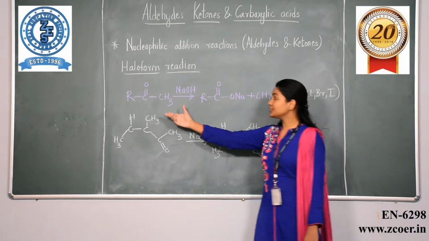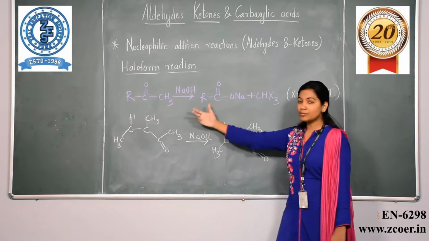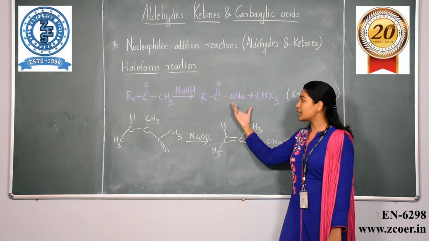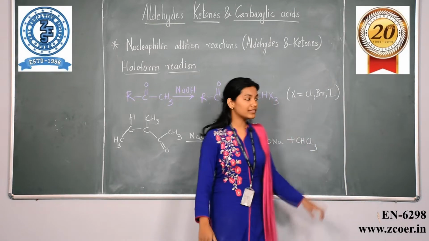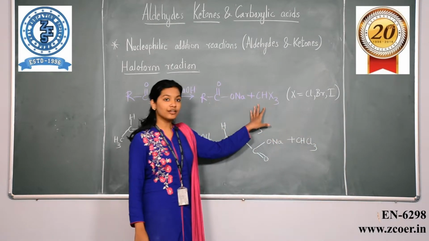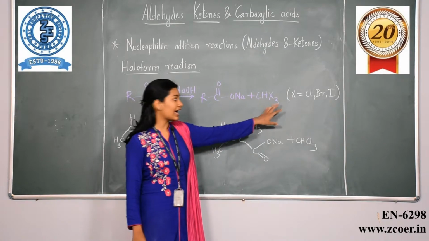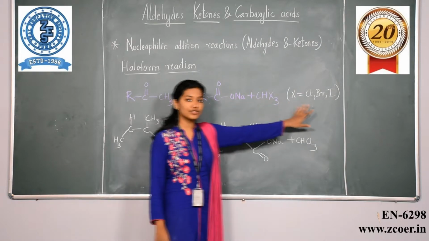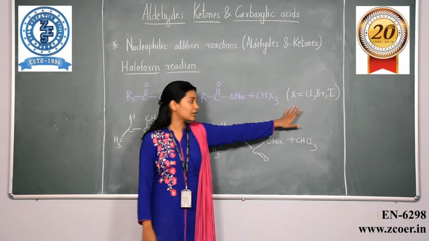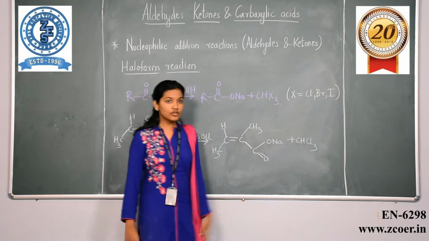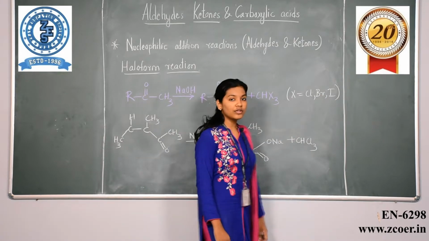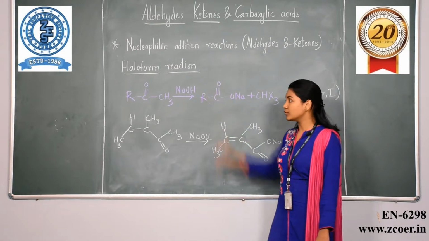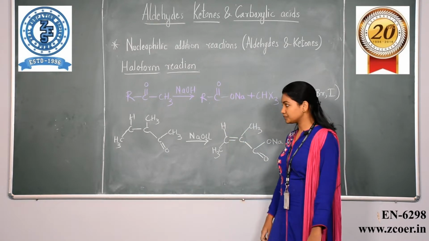When it is reacted with a sodium hypohalite, it gives the salt of a carboxylic acid along with a haloform, CH3X, as shown here. X stands for the halogens, which could be chlorine, bromine or iodine. The carboxylic acid formed has one carbon less than the original carbonyl compound it reacted with.